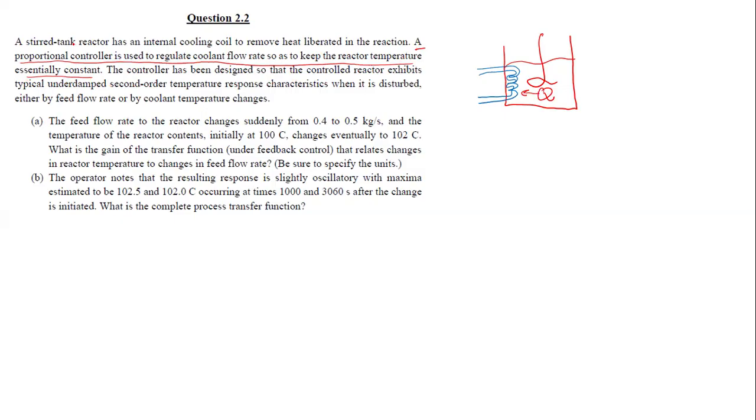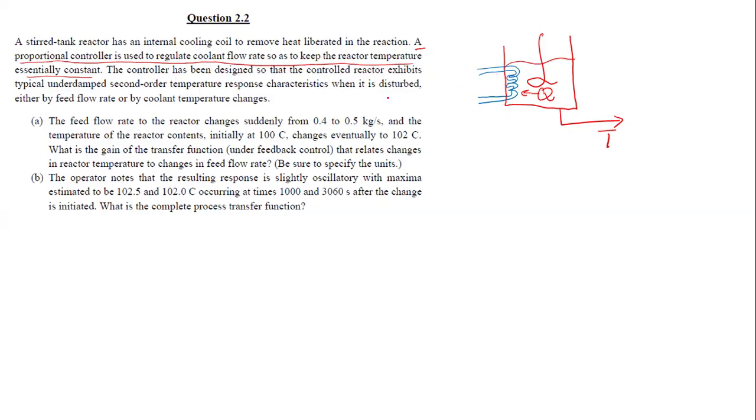Remember, this is a control system with which we want to keep the temperature constant. Meaning we want to get the desired temperature using a proportional controller system. What's happening over here is that we control the temperature of this tank using this coolant.